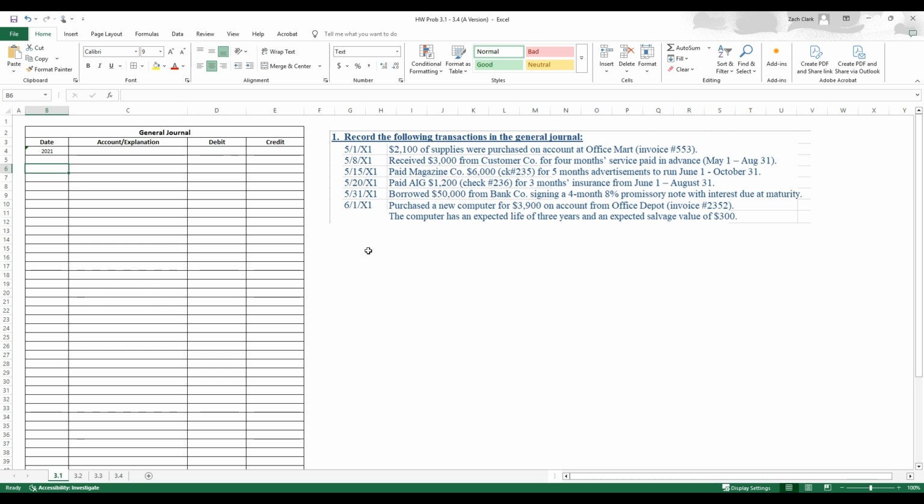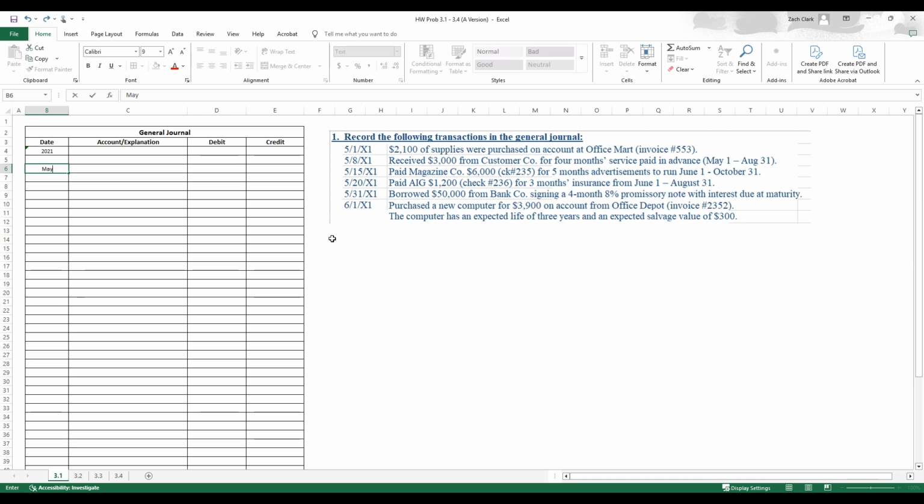Different things are happening throughout May and June. It's important to note that no adjustments have been made yet in May. So if there's 2 months of activity we need to record, because we're at the end of June now and it happened at the beginning of May, we would need to record 2 months' worth, for example. So all right, with that said, let's get started.